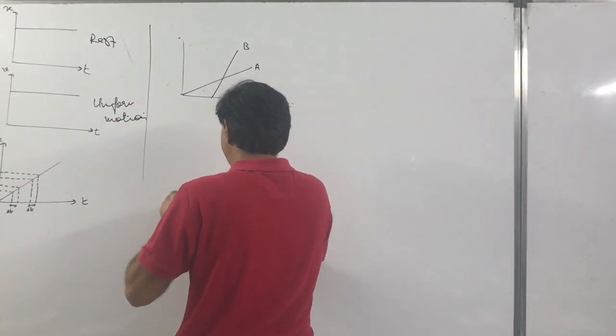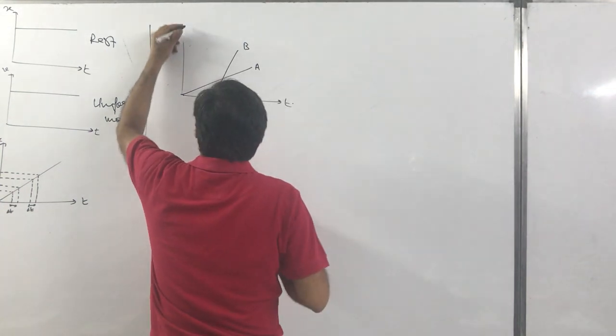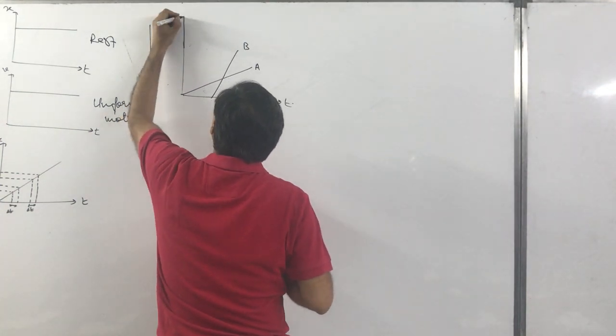There are two people, A and B, who start from their school.